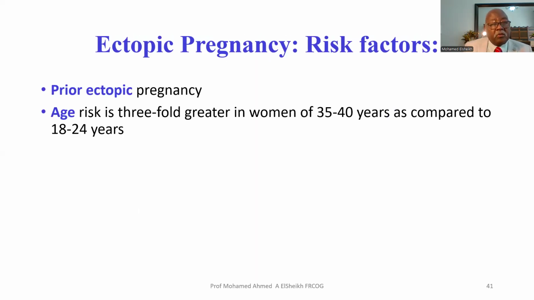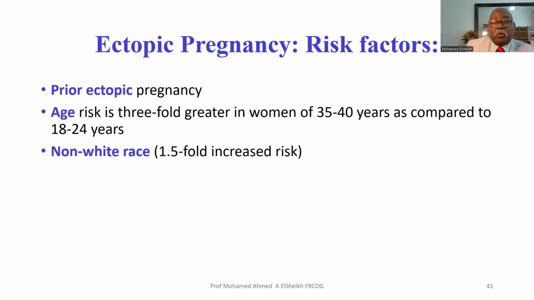Other factors: prior ectopic pregnancy. If she had one before, she is likely to have a recurrence, another ectopic pregnancy. The age: the risk is threefold greater in women of 35 to 40 years of age compared to younger ones. The older, the more likely she may have an ectopic pregnancy.